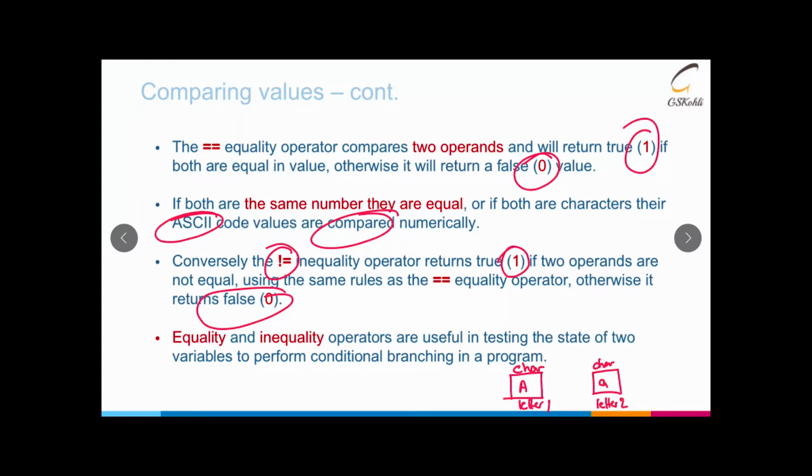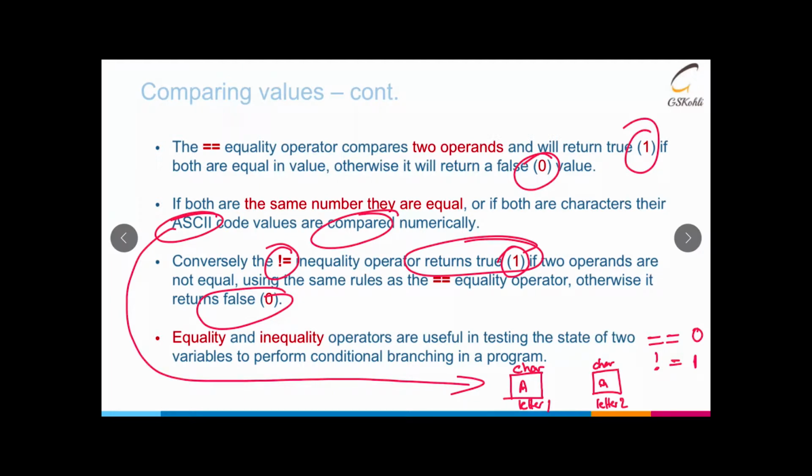With the equality operator, which is a double equal sign, the comparison will be considered false, represented as 0, because a capital A and a lowercase a have different ASCII representations, so it's considered false. With the inequality operator, which is this sign up here, the result will be considered as 1, because it looks at 2 factors which are not the same, which in this case is true. The capital and the lowercase a are not the same.